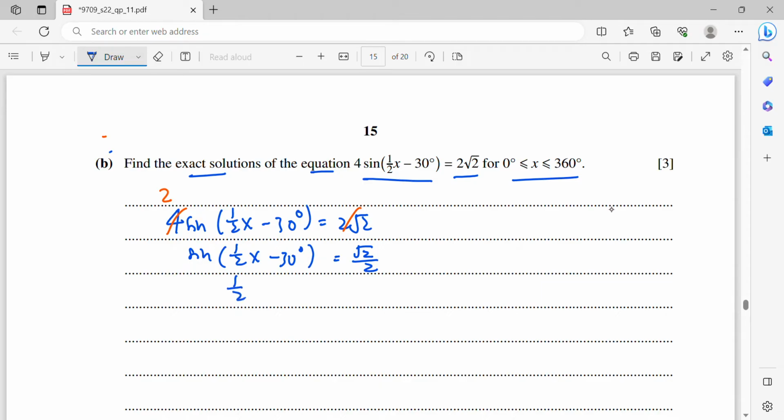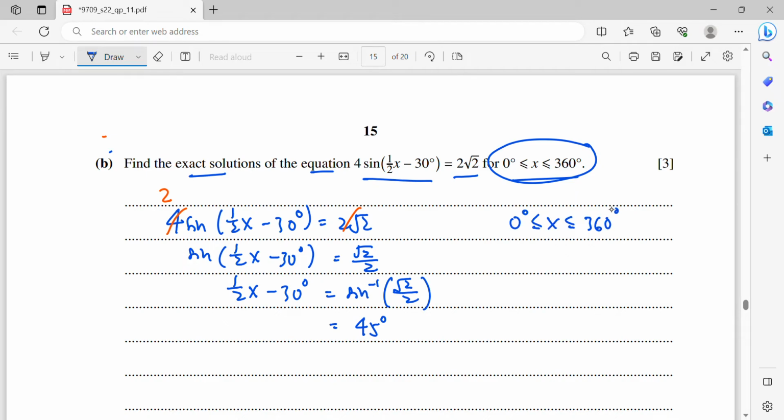So now I will get half x minus 30 degrees is inverse sine or arc sine, square root 2 over 2, which is 45 degrees. Okay, now by looking at the domain here, 0 to 360 degrees, I will get the domain for half x minus 30 degrees.